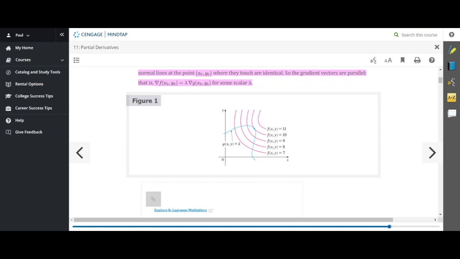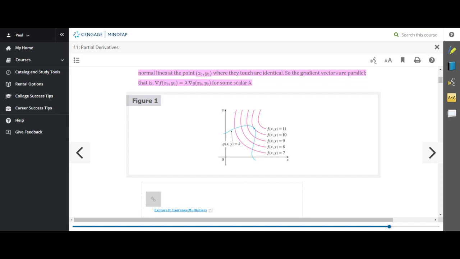And what is the function value for that blue dot? What does f of xy equal? That's right, it equals 10.